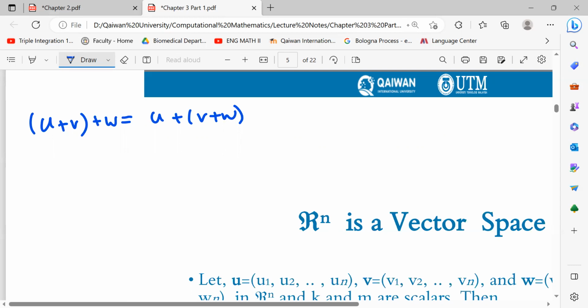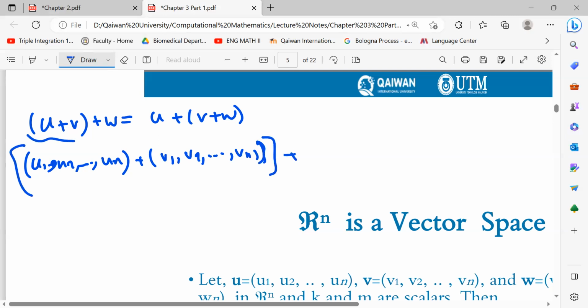We say (u plus v) plus w is u1, u2 up to un plus v1, v2 up to vn, this bracket, plus w, which is w1, w2 up to wn. We must prove that (u plus v) plus w is equal to u plus (v plus w).